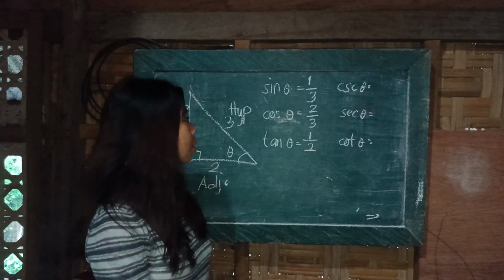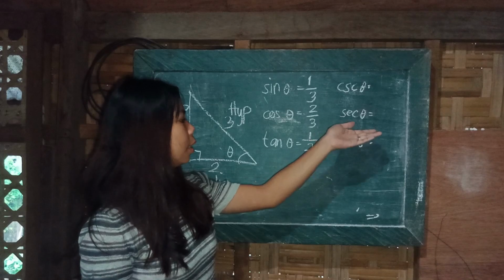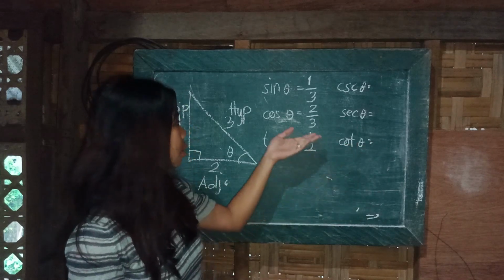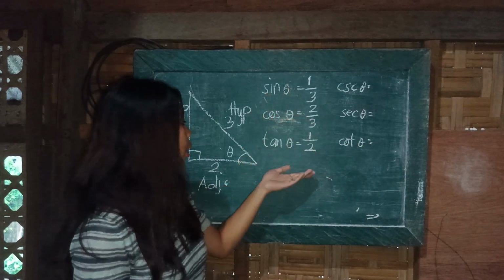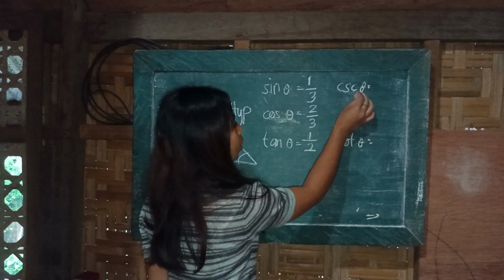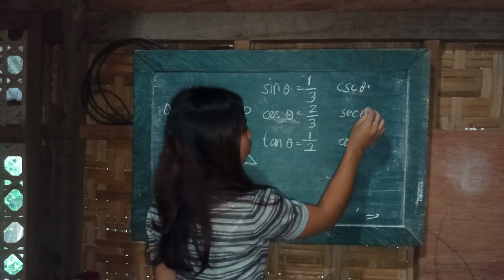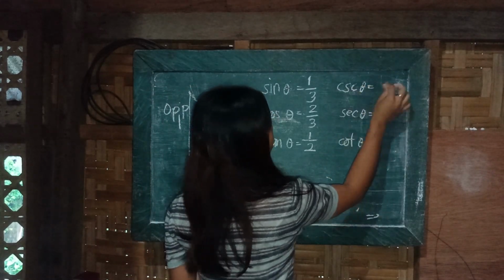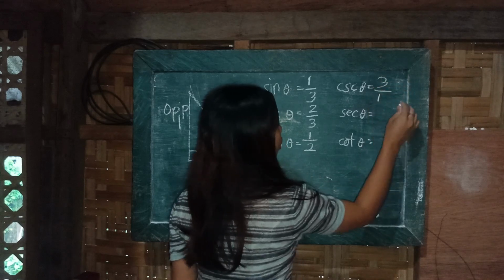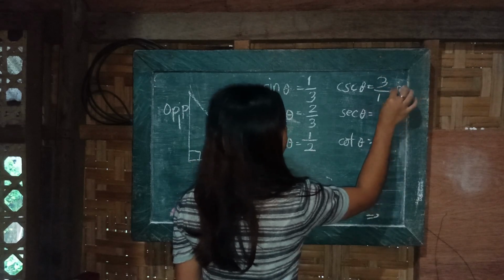You can remember that our cosecant, secant, and cotangent are always reciprocals of our sine, cosine, and tangent. So, our cosecant theta is simply 3 over 1, or 3.